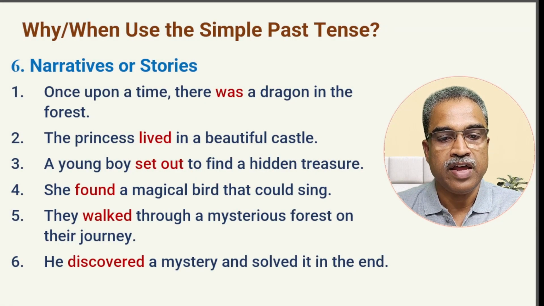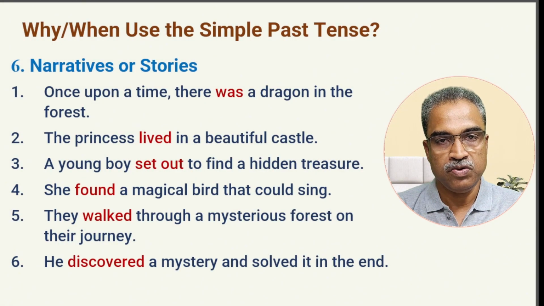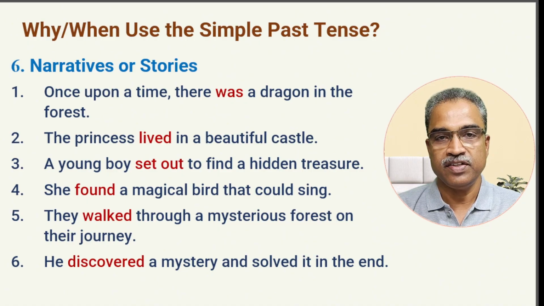Here we have narratives or stories. If we want to narrate something that happened in the past, if we want to tell a story, for students who have story writing as a part of their syllabus, it's very useful. We use simple past. Let us see this one. Once upon a time, there was a dragon in the forest.